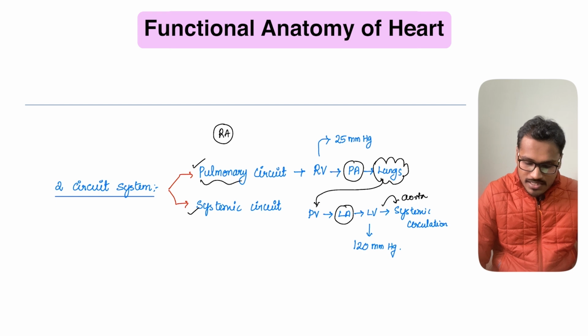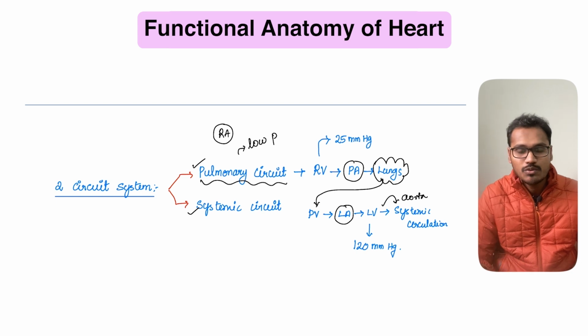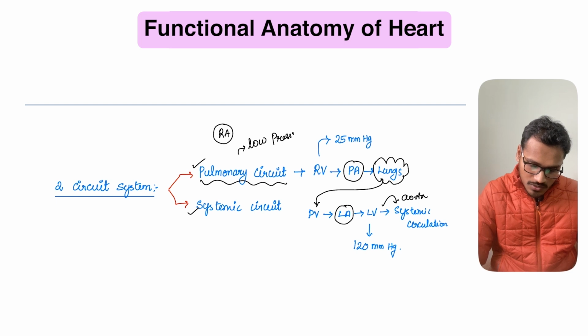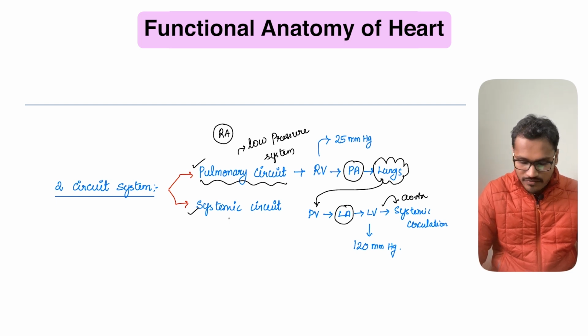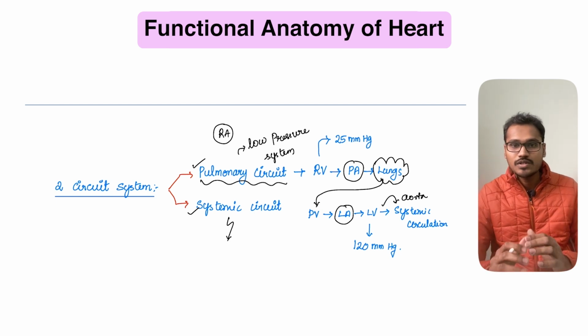The pulmonary circuit has a low pressure. Here the blood supply is going to only one organ, so the right ventricle has to give very little pressure to reach that organ. So this system is called a low pressure system. Whereas on the aortic or systemic side, when the left ventricle pumps, the blood has to go to the entire body.